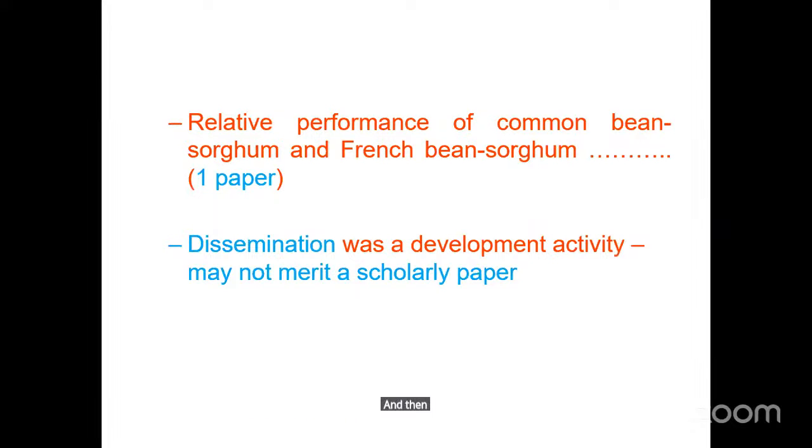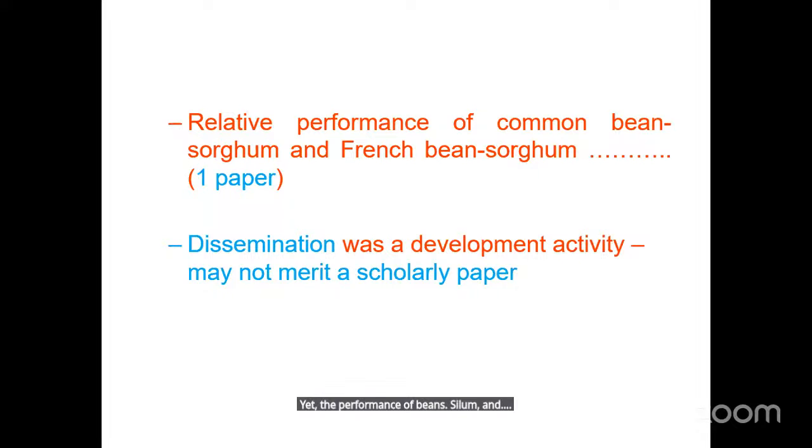And then we can have relative performance of beans, sorghum, and French bean.